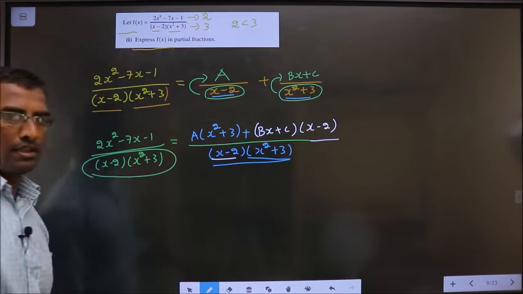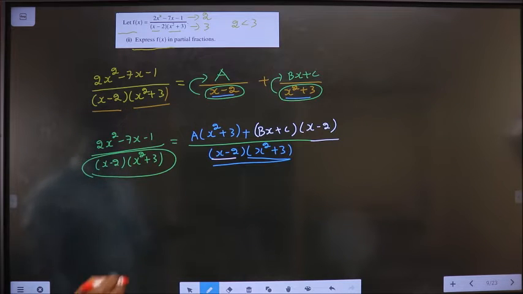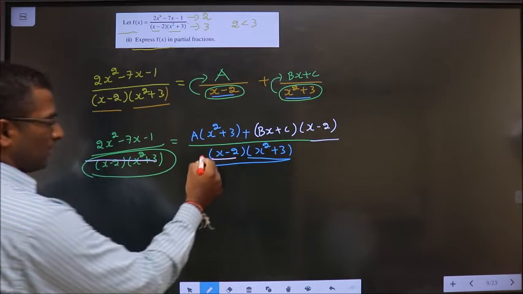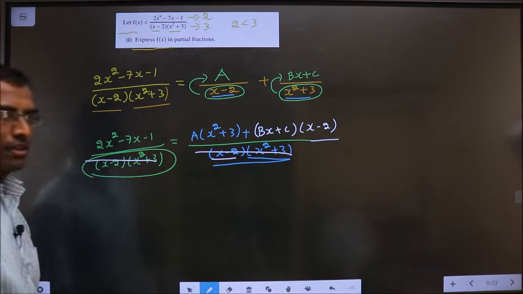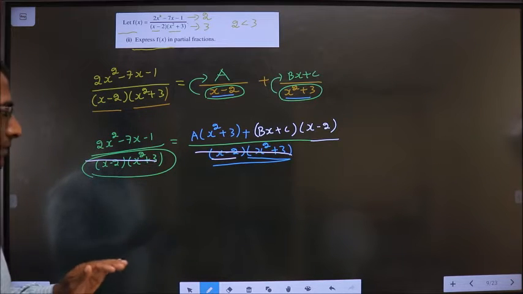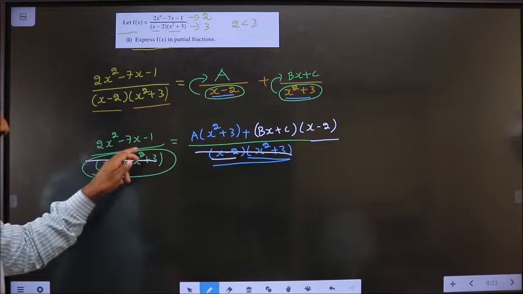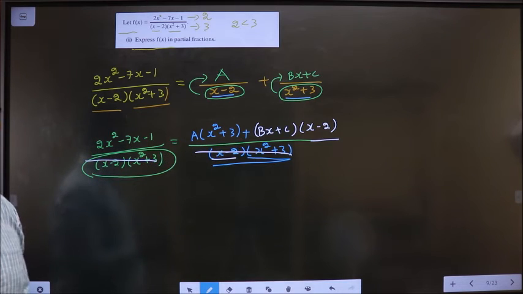Okay. Next step. Cancel both the denominators. Okay. Now you are left with this numerator equal to this. You should put different values for x, or compare coefficients, to get the values of a, b and c.